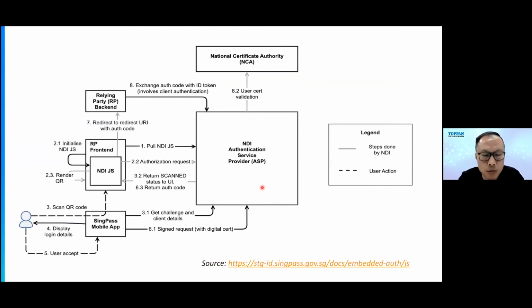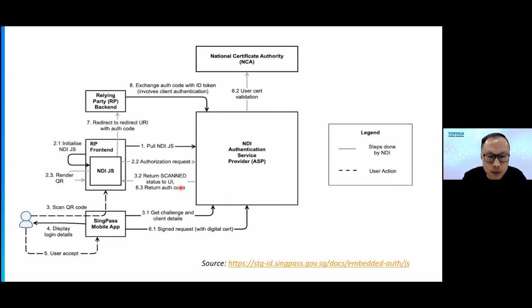In order to integrate the embedded QR, there's a lot of front-end plumbing to be done. This is a diagram taken from the NDI specification API documentation. You can see that there's a lot of plumbing to be done.